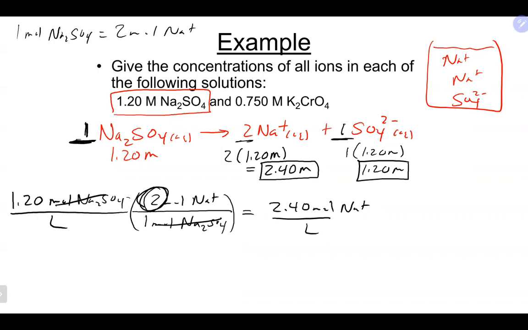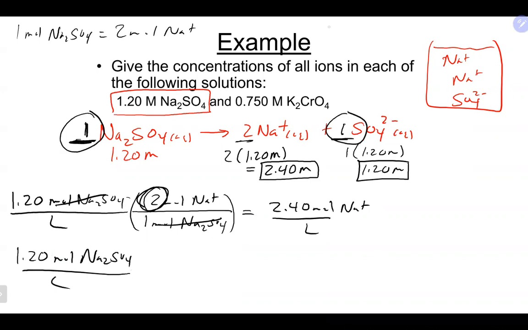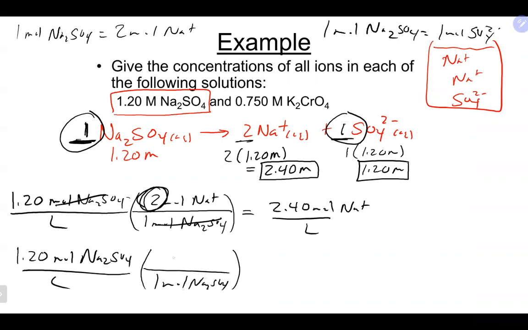It's the same thing here for the sulfate. If you look at sulfate, 1.2 moles of sodium sulfate per liter. From the equation it is a 1 mole to 1 mole relationship, just like we talked about with stoichiometry. If you did the long calculation, 1 mole of the whole thing gives you 1 mole of sulfate.